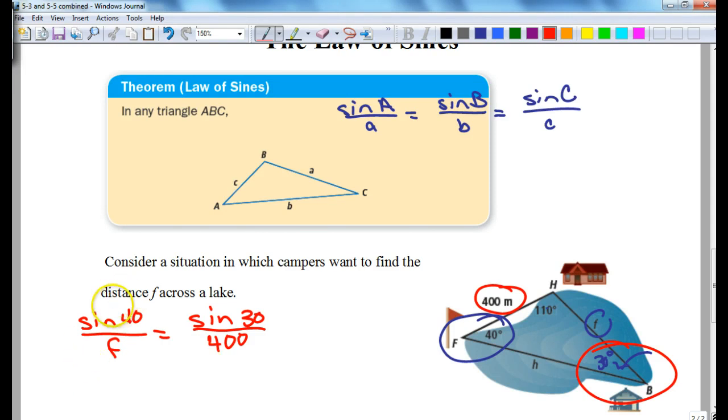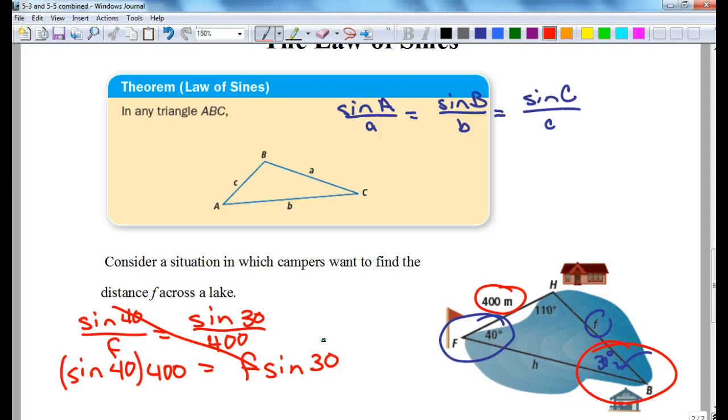So taking that one, it'd be sine 40 times 400 equals F times sine 30. Okay, so this side ends up being 257.11.